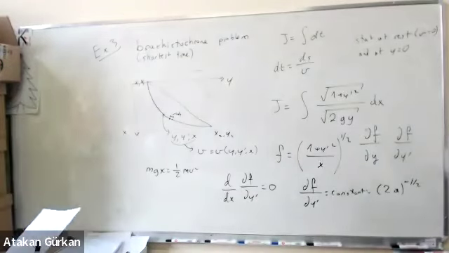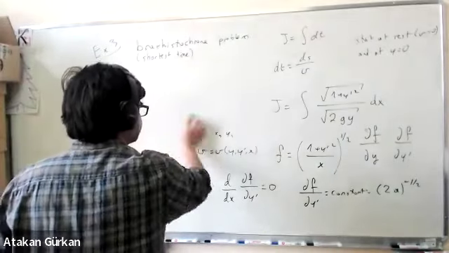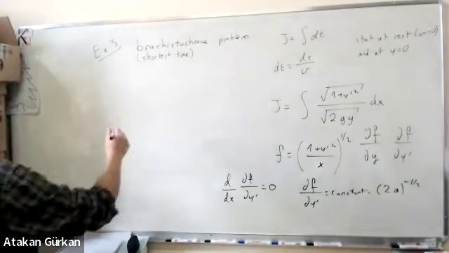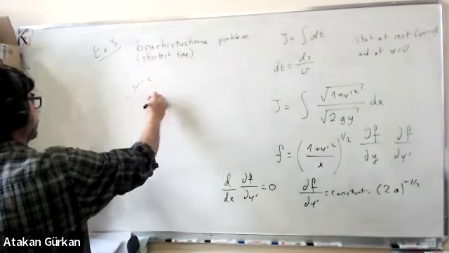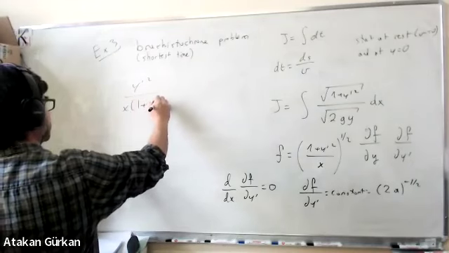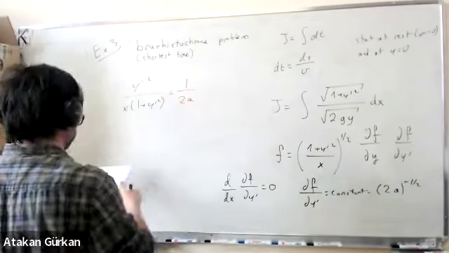The reason why you do it this way is that when you actually take the derivative in this form, you end up with a differential equation that looks like, after squaring, plus y prime square is equal to 1 over 2a.